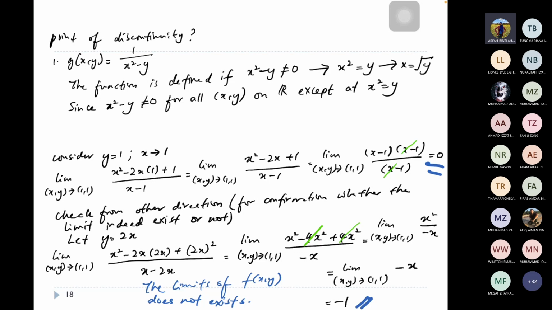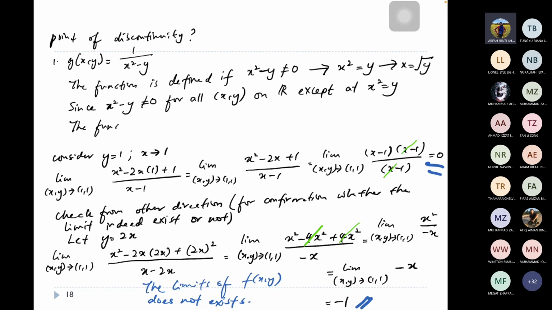So bila x squared sama dengan y, so sebarang nombor tak kisah. Asalkan jangan bila x tu dikuasakan 2 nilai dia sama dengan y. So dekat situ dia akan jadi 1/0. That is undefined. So dekat point itulah the function start discontinuous.